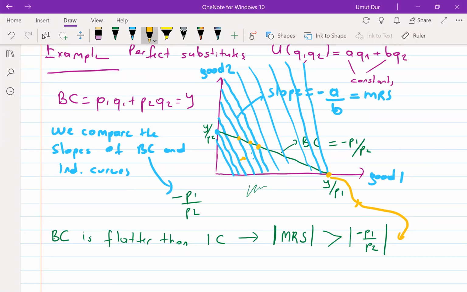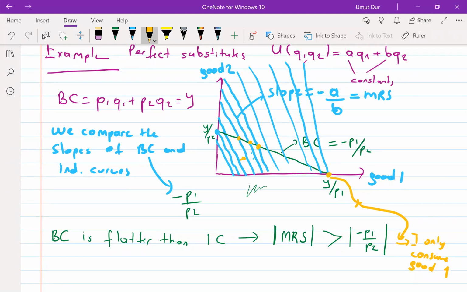Then what is the optimum point? When we have a flatter budget constraint compared to the indifference curve, I only consume good 1, so I am using all my money on good 1.